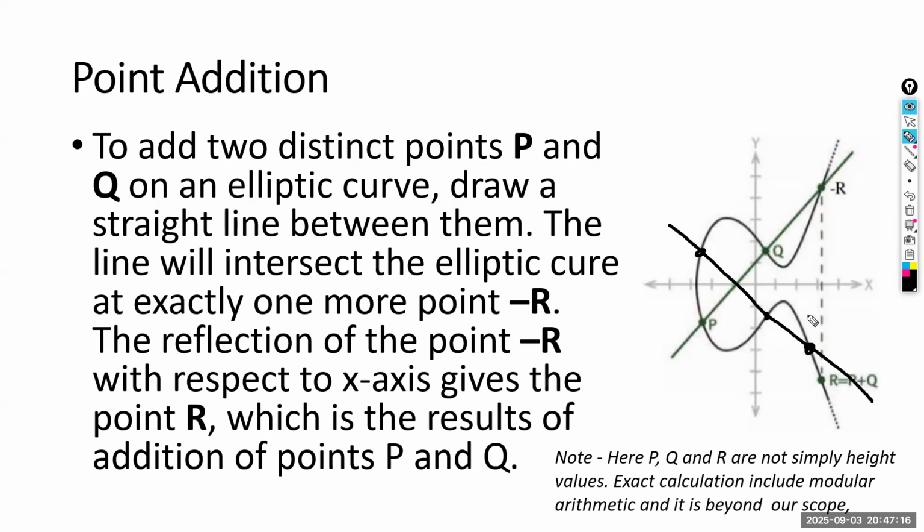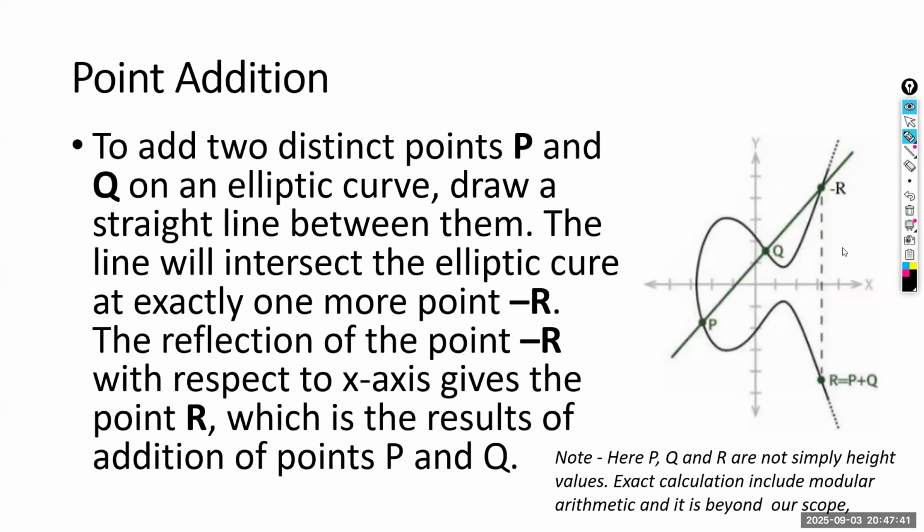And point addition means if your values are P and Q, when you draw a line connecting these two points, you get R. So for any 2 points, you get something like R. If it is these two, your R is somewhere here. If it is these two, your R is somewhere here.